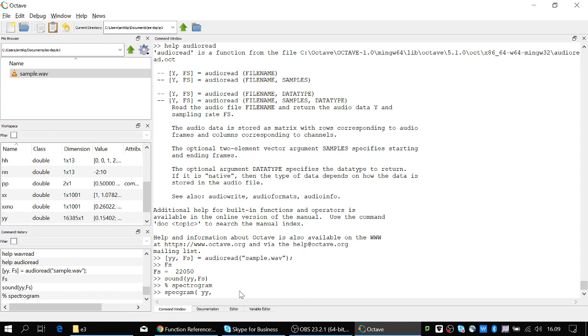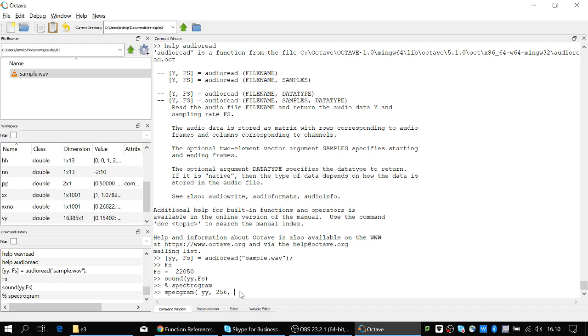I'll just put some numbers here. You will play with those later. So I will use 256 points, meaning that I have about 100 hertz frequency resolution. Well, 22 kilohertz divided by 256 points is a little bit less than 100.